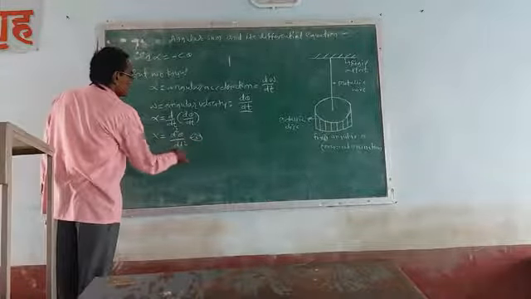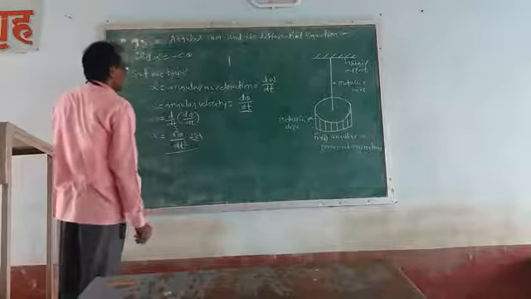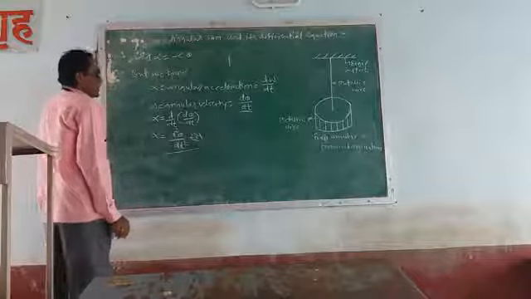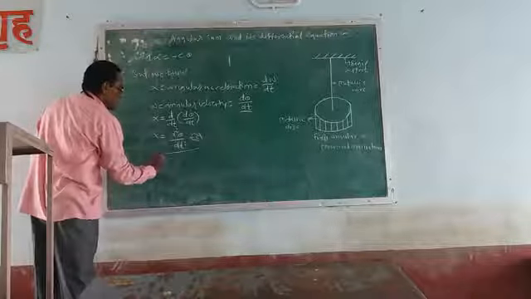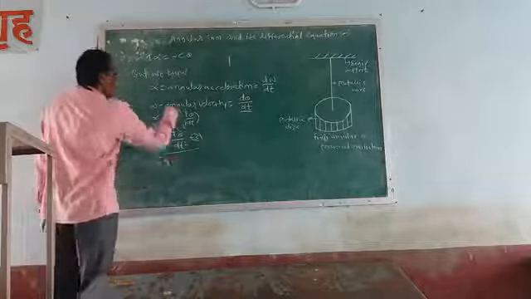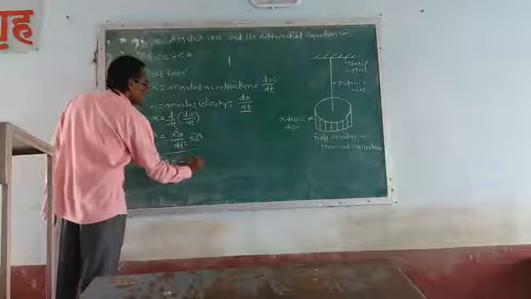Put equation 3 in equation 2, we get I alpha is equal to minus c into theta.